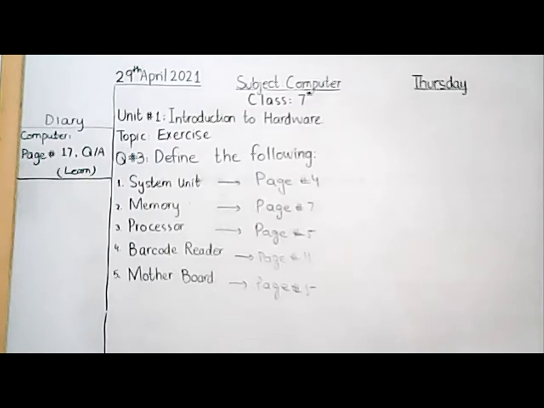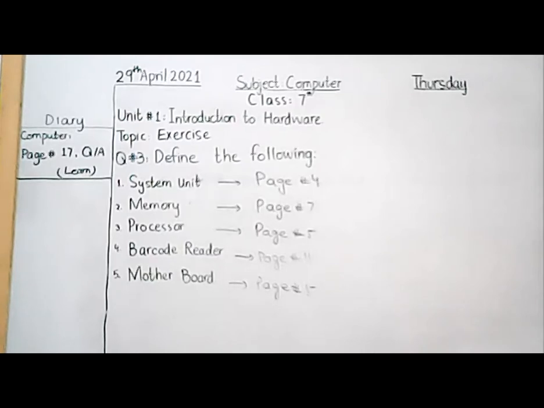Okay. ROM stores data dash. A, permanently. B, temporarily. C, partially. D, fully. Madam, please say it again. ROM stores data dash. A, permanently. B, temporarily. C, partially. D, fully. I can't hear.